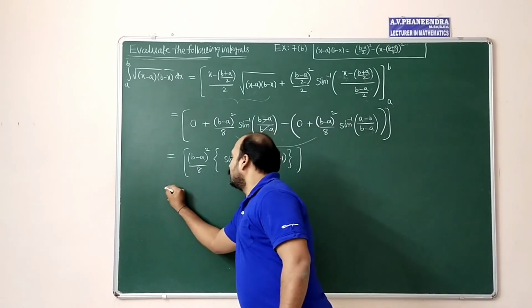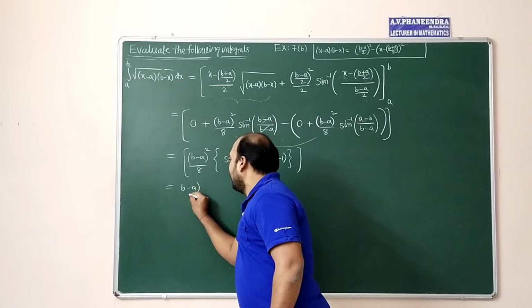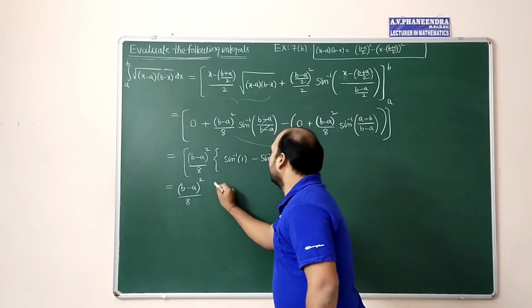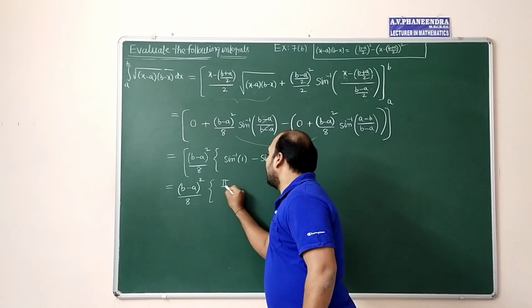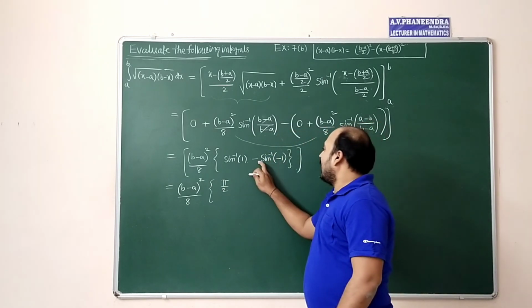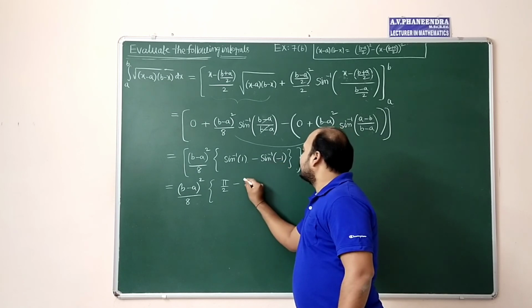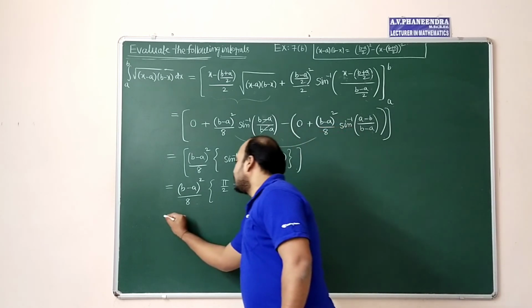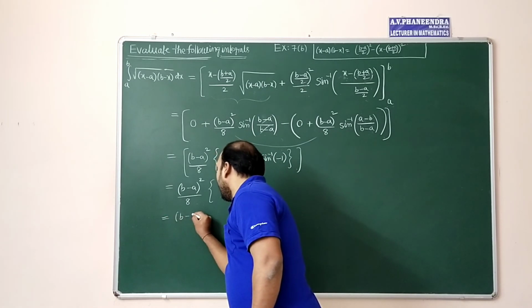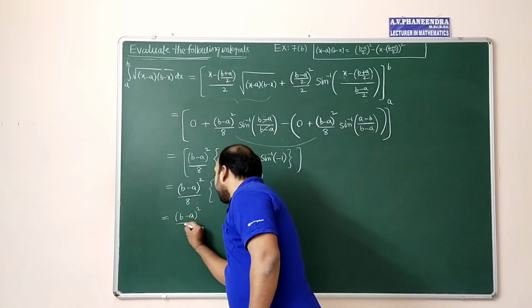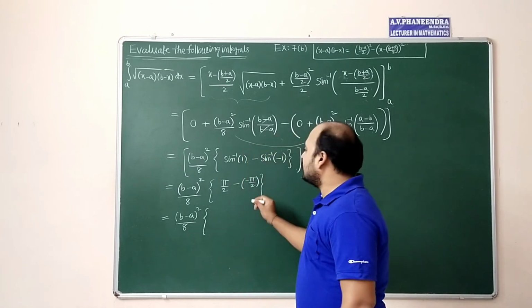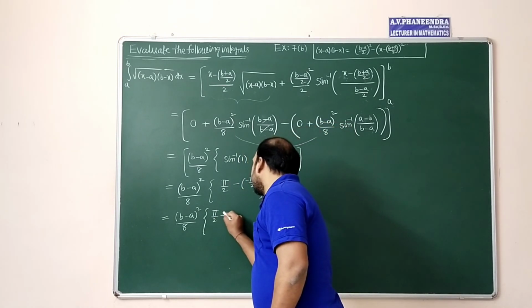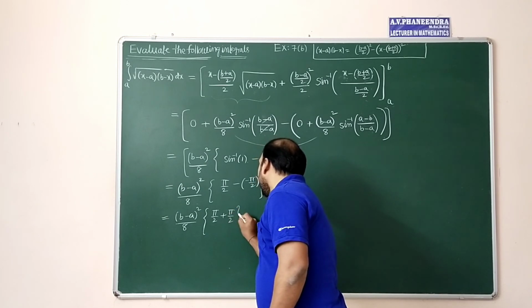So which is equal to b minus a whole square by 8. Sine inverse of 1 is pi by 2. Minus sine inverse of minus 1 is minus pi by 2. So which is equal to b minus a whole square by 8 into pi by 2 plus pi by 2, that is pi.